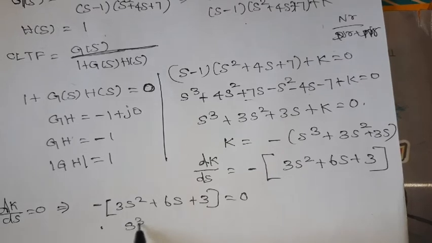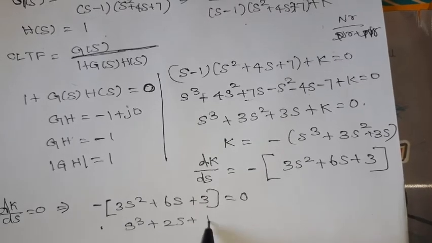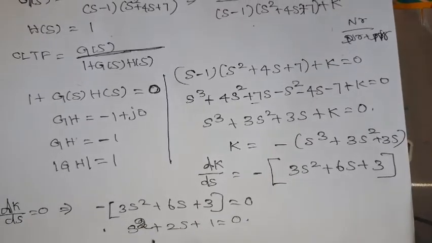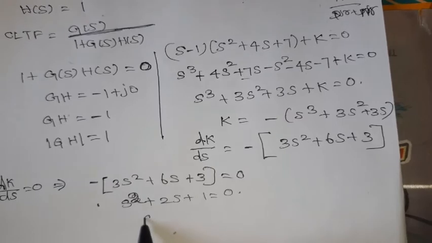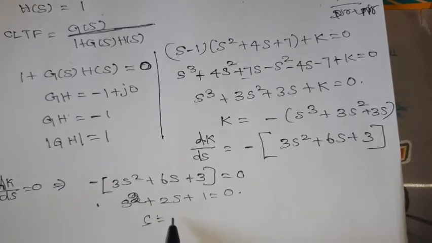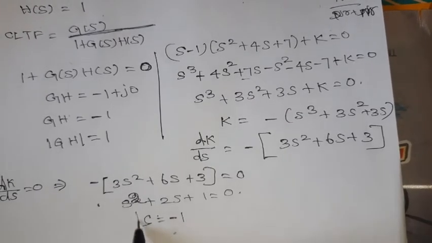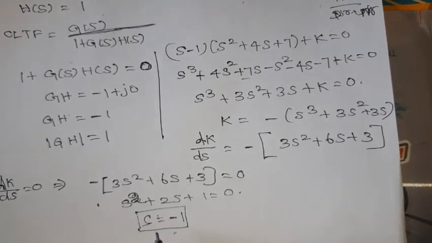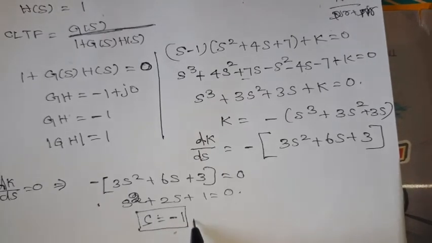What we will get: s squared plus 2s plus 1 equal to 0, which means s plus 1 the whole squared. What is the root? s is equal to minus 1, minus 1. So we can take s is equal to minus 1 as one point.